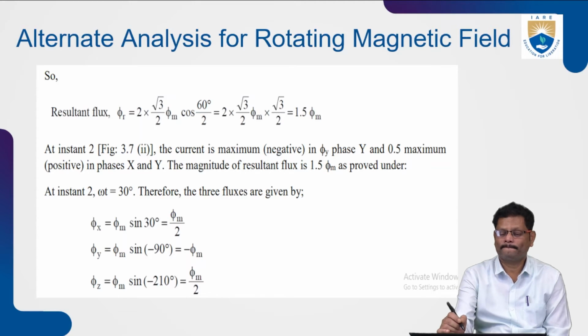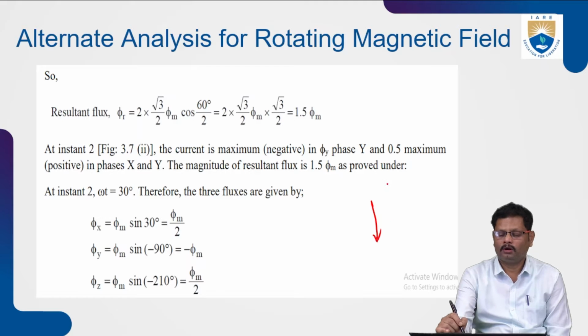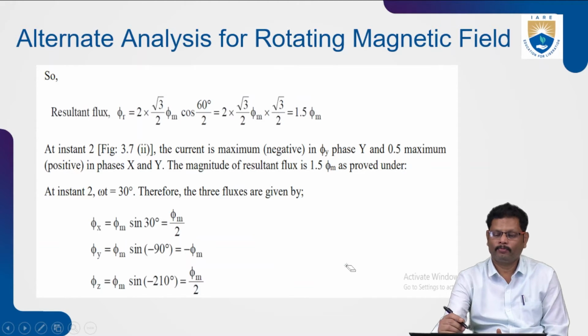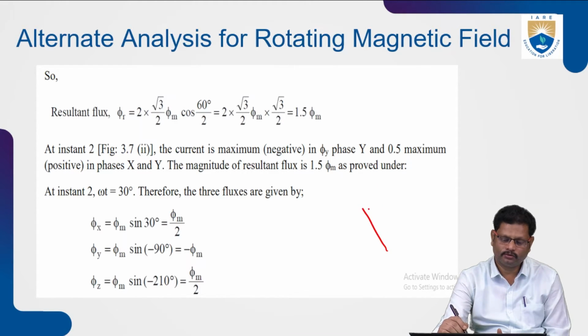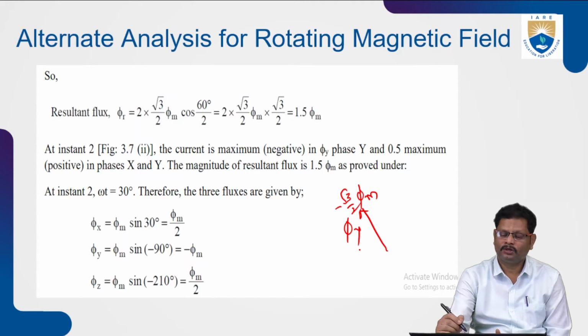So phi x is 0, so it is not considered here, and phi y equal to minus root 3 by 2 phi m, and phi z equal to plus root 3 by 2 of phi m.